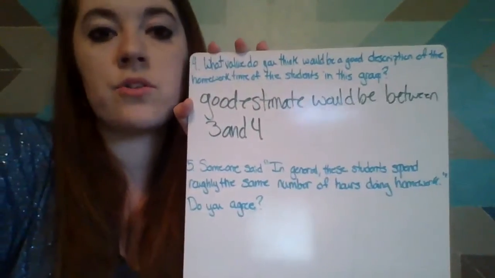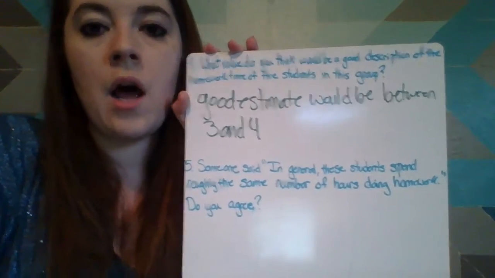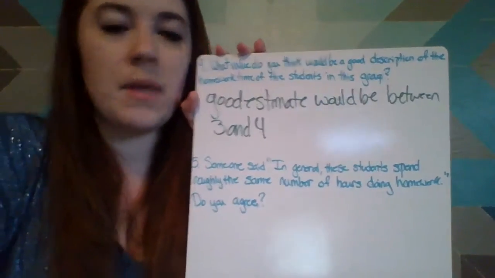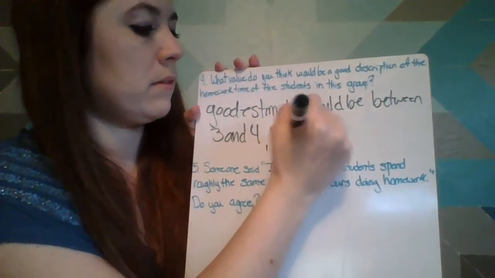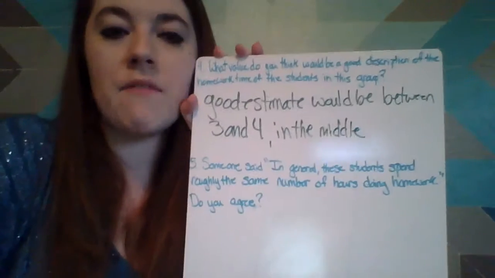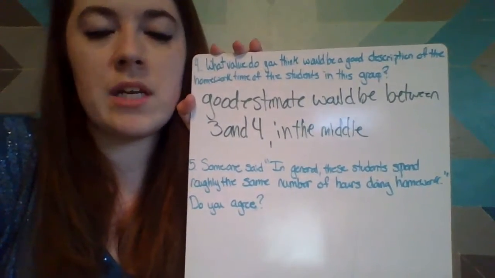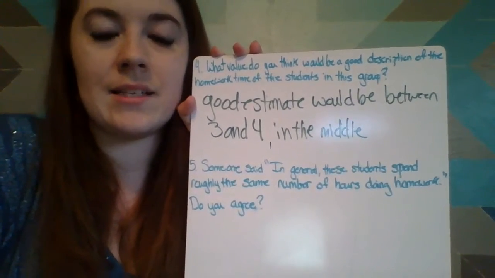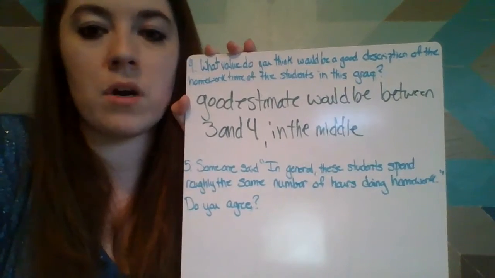We had a lot of students who said 3, a lot of students who said 4. So it's kind of right there in the middle of the distribution. Distribution is your key word for this lesson.